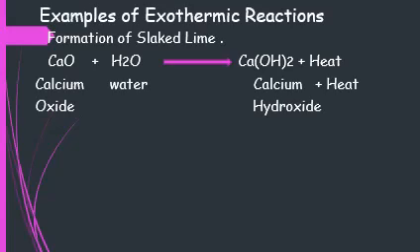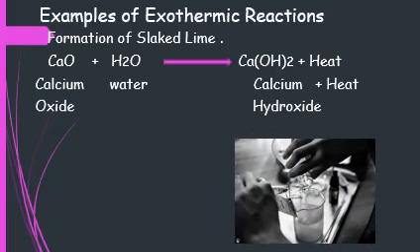When it reacts with water, it forms calcium hydroxide, and the common name here is slaked lime, plus heat. So heat can be seen on product side. That means when the reaction is complete, the reaction vessel becomes hot. Same thing you can see in the diagram.